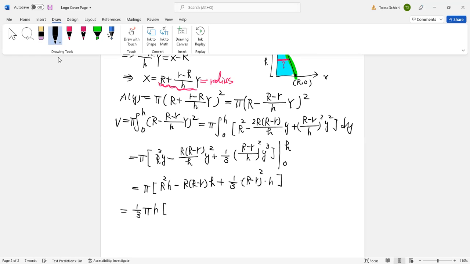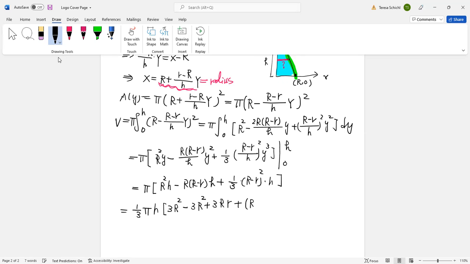Okay, so when you take the 1/3 out, what happened to the first one? See here, the first one you will get 3R squared. So this is 1/3, so this will be 3R squared. You take the h out, minus 3R squared, and the minus is plus, so plus 3R, then plus, this is R squared minus lowercase r, right?